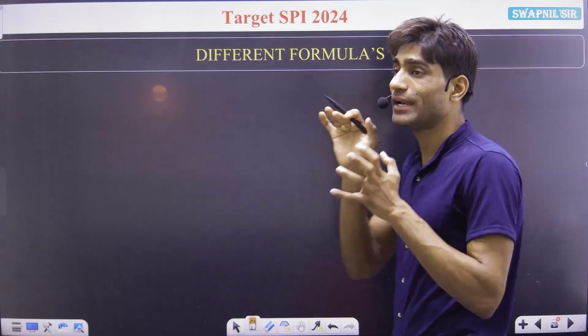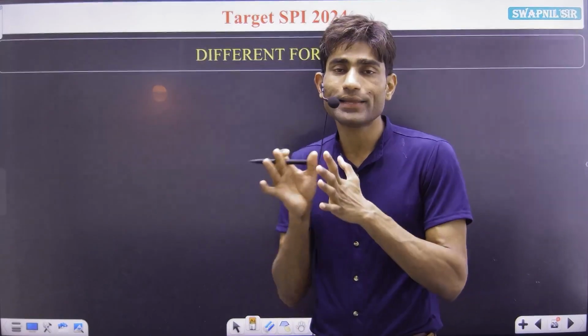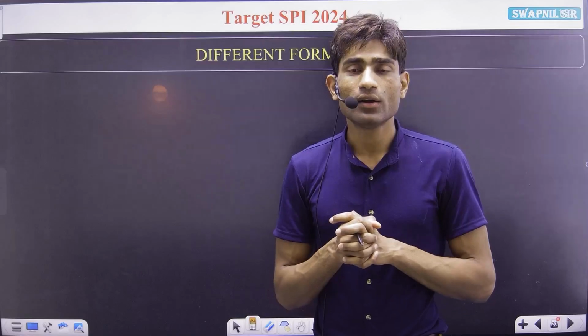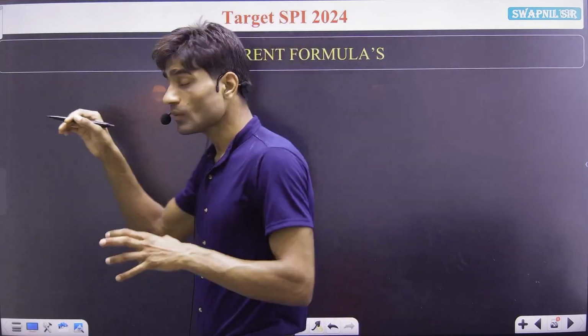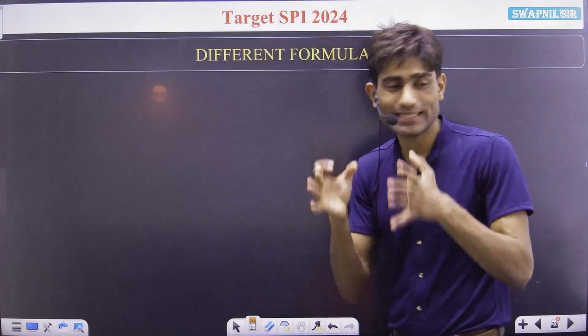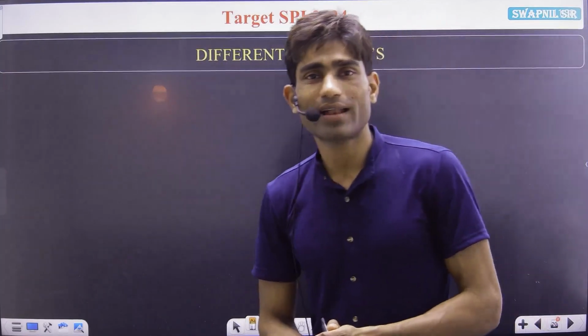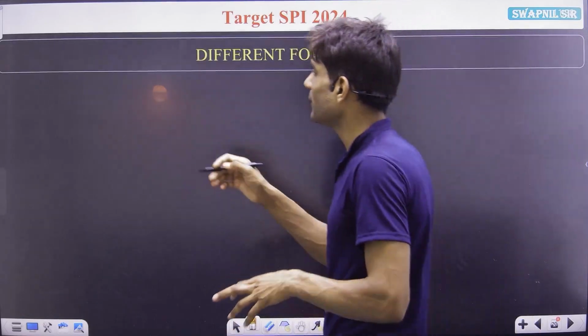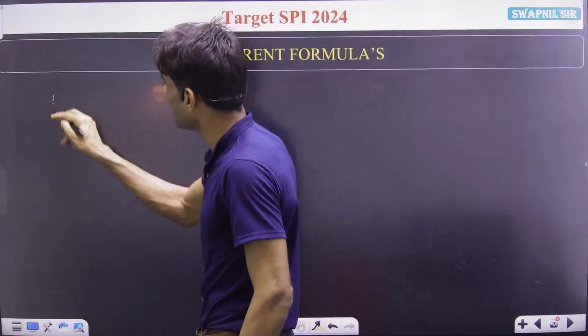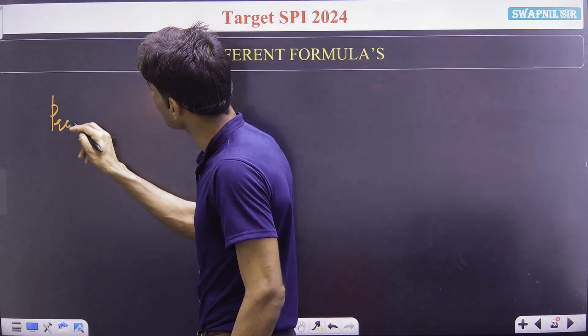Now let me explain what the probability is for some random event or favorable event. Consider that I have one random event, and I want the probability for that random event. Let me write the probability of any random event.